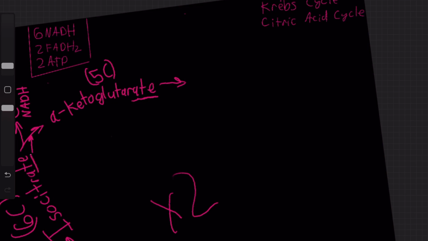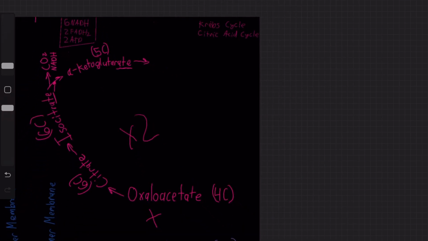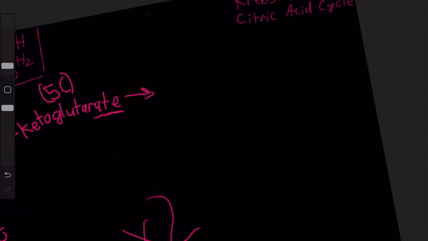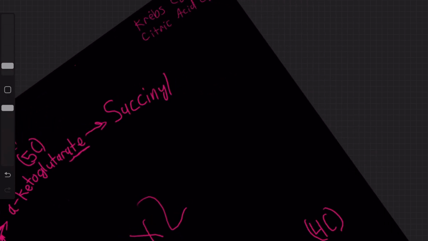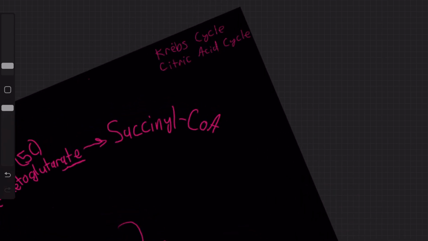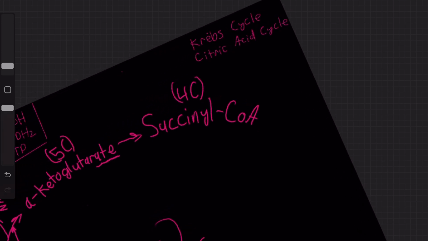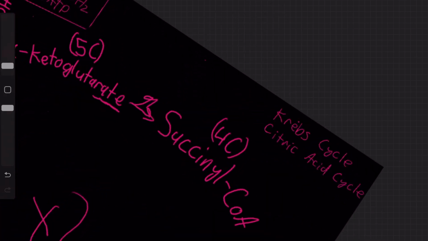Most of these have ATE. The only one that does not have ATE is succinyl coenzyme A, CoA. I don't know how to actually say it. This one has 4 carbons, which means we lost another carbon dioxide.